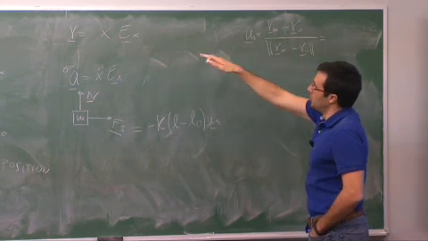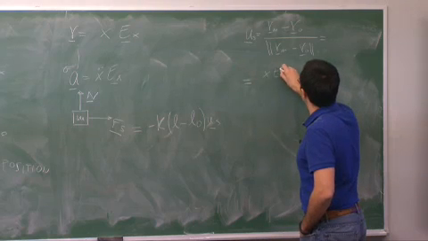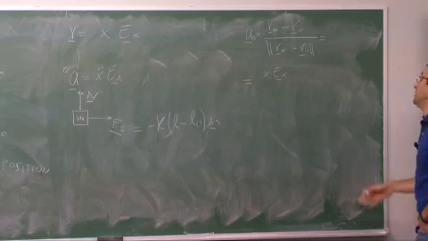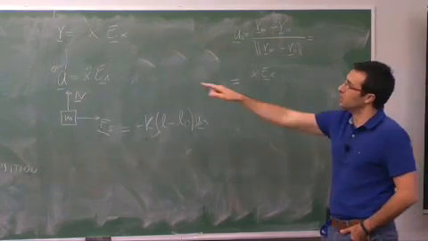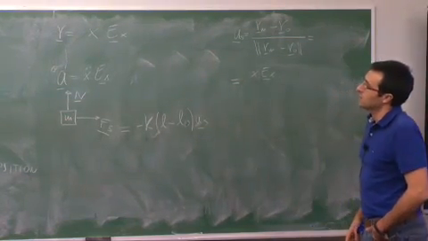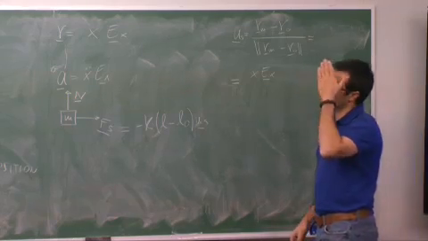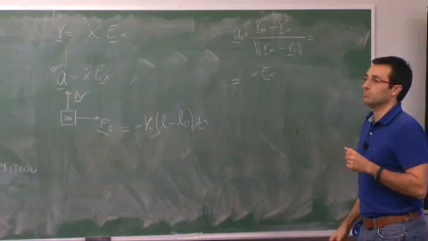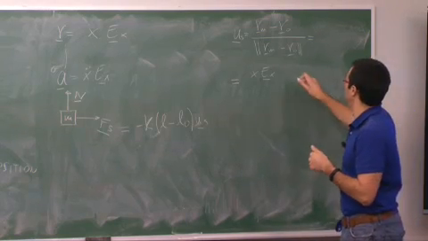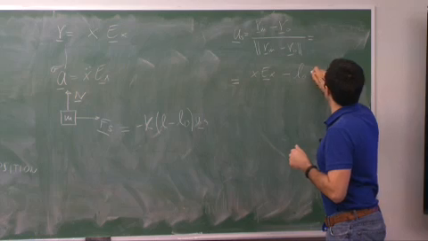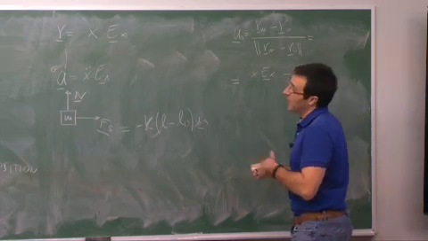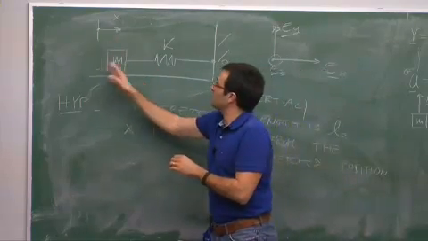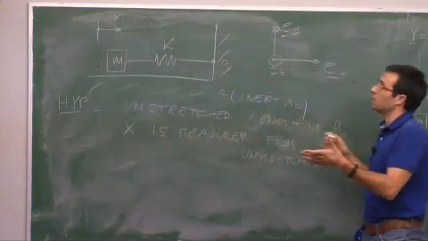So the first one is what I just wrote there. It's X EX. What is RO? The position of that point O. I define the reference frame and I define a coordinate system, and I want to use that coordinate system. Is it X? It's L0 EX, because I define my origin to be at the position of the mass where the spring is unstretched, and that length I called L0.